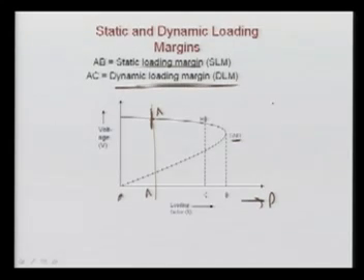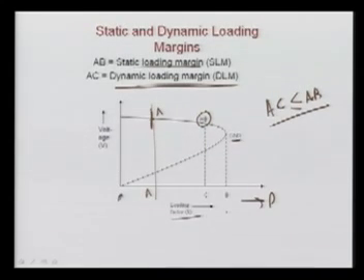So always this AC is either less than or equal to AB. This is true. Sometimes this Hopf bifurcation may occur near to the saddle node bifurcation point, so your AC will become your AB. But normally this Hopf bifurcation HB occurs much before the saddle node bifurcation, and then we have less loading, so the dynamic loading margin is lesser than your static loading margin.